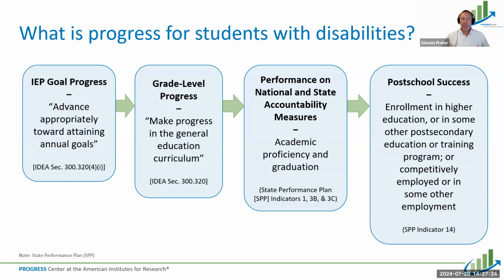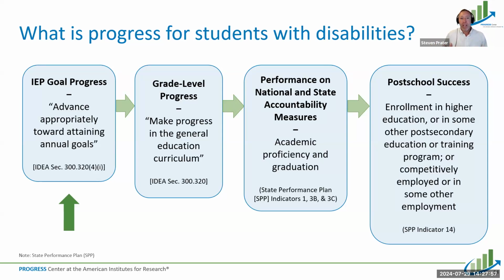Since we are concentrating specifically on the IEP, we're really going to talk about that first step there, the IEP goal progress. But just to remind you of what Tessie was talking about earlier, each student with a disability is working on their individual goals on their IEP, right? But those goals and the things that they're getting through special education are supposed to help them achieve on their grade level progress. And then all students in a grade level have to take some sort of national or state accountability measure.